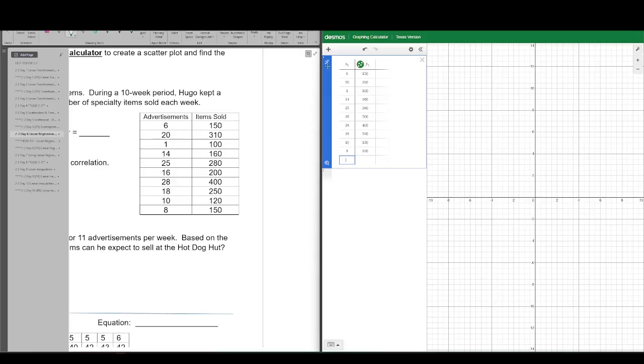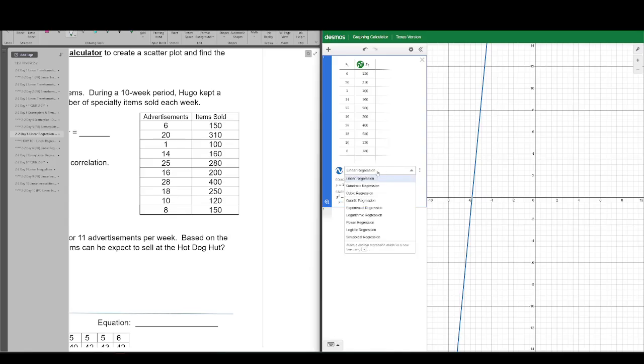Instead, they added this nice little magic button. Anytime you make a table, once you fill in the data, this magic button appears that says Add Regression. So if I click on that, it just creates the linear regression equation for me, and I get my line of best fit and my R value without having to type in any special stuff. It also has a drop down with all different kinds of regressions.